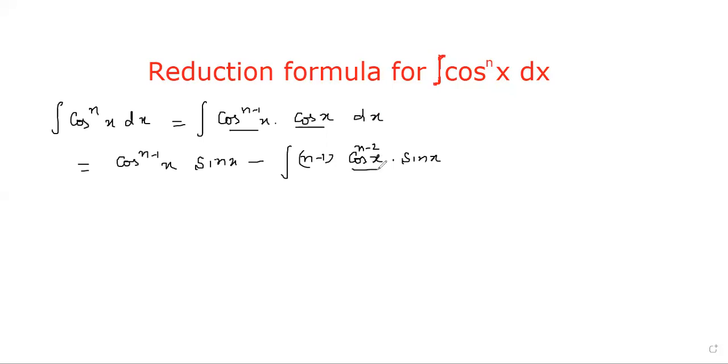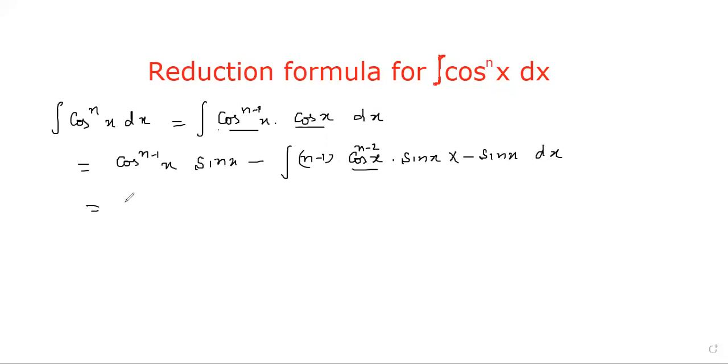Also differentiation of this, because we have to write n minus 1 before, then this cos x will get reduced by power 1, then differentiation of it will give minus sin x, then dx.